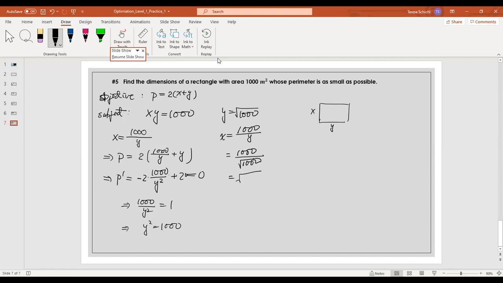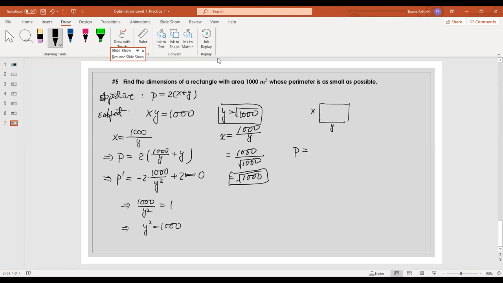So X is the square root of 1,000 and Y is the square root of 1,000, so we will get a minimum perimeter. It's another square, right? X equals the square root of 1,000 and Y equals the square root of 1,000.